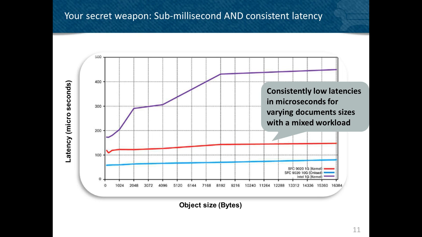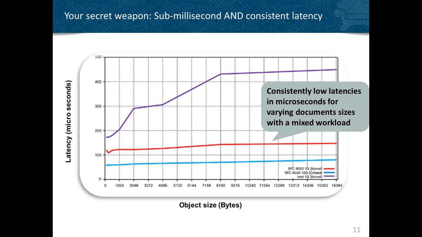We recently did a benchmark with Cisco and SolarFlare, which is a 10 gigabit network provider. And the goal was really to show the very lowest latency possible with Couchbase. You'll see the purple line across the top is a 1 gigabit network card. And all of these latencies from objects of 1K to 16K are under 500 microseconds.